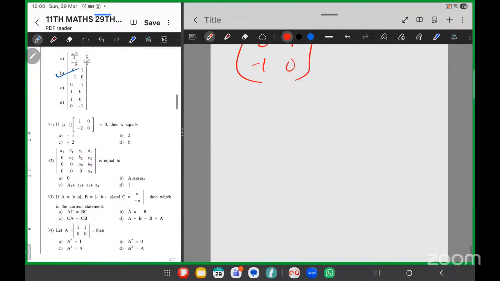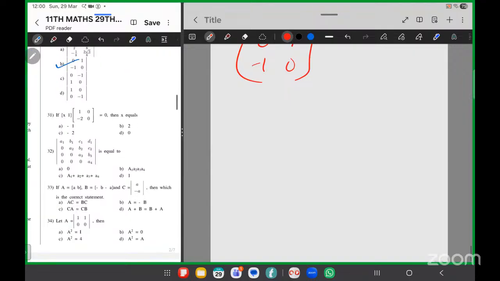31. This is 1 by 2 and 2 by 2. So it should be a 2 by 2 matrix.